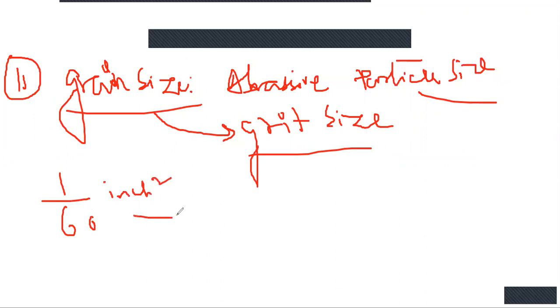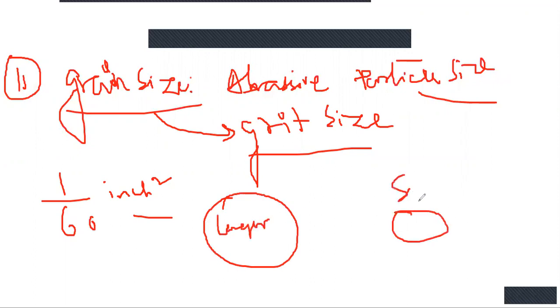Grit size. If the grain size is larger, the capacity of material removal from the job material is more. If the grain size is smaller, the capacity of material removal is low.